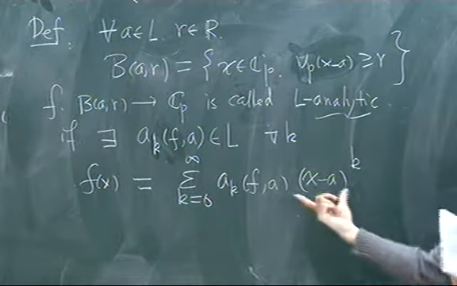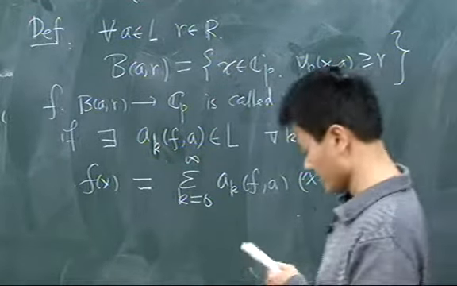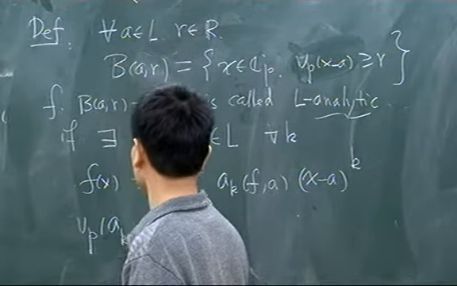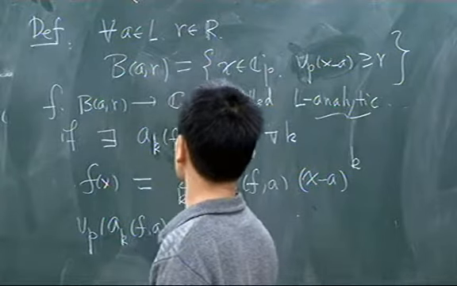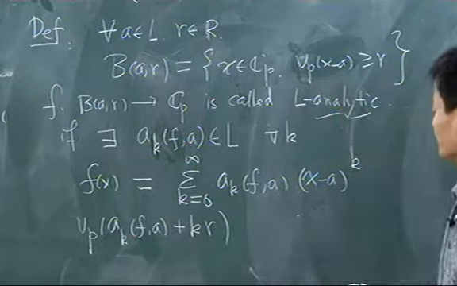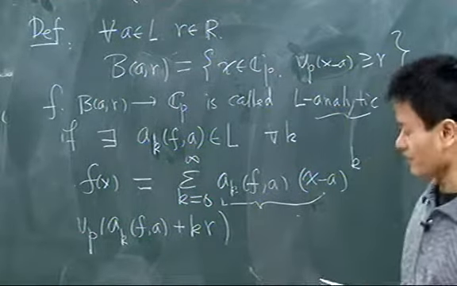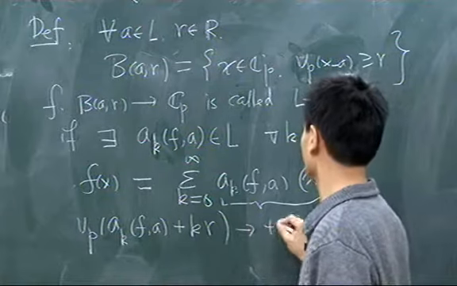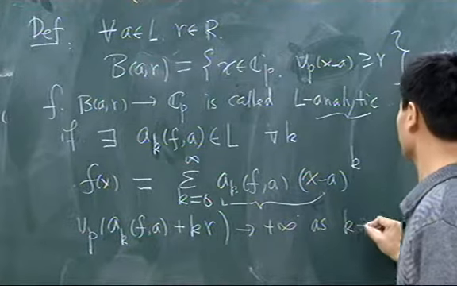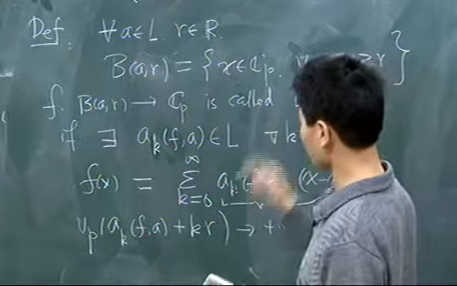You need this to be convergent. So for convergence, you need v_p(a_k(f)) + kr to go to infinity as k goes to infinity. For example, if you choose x on the boundary, you want this term to go to 0. Okay? So this is called L-analytic.